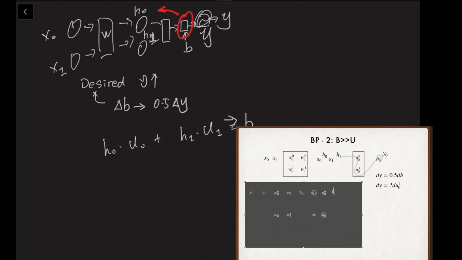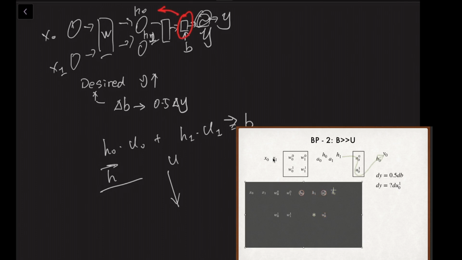There are two parts of this computation as shown in the slide. That is h vector in this direction and u vector in this direction. This inner product of h and u gives us b. So we can consider how to change u and how to change h to arrive at b.